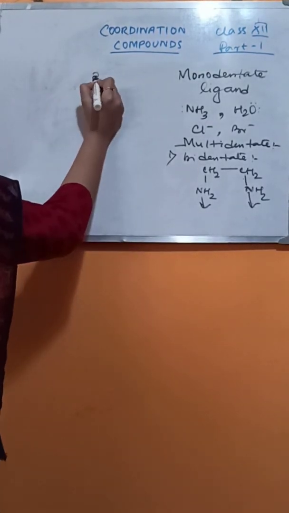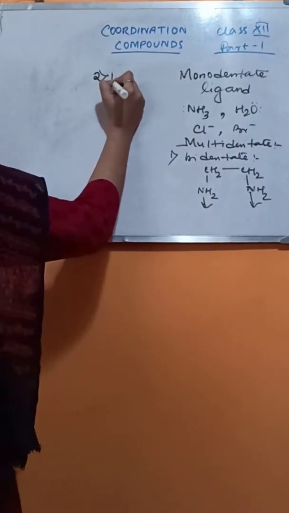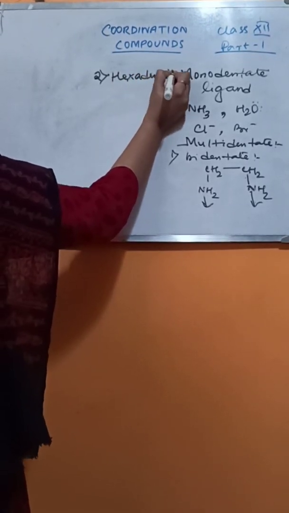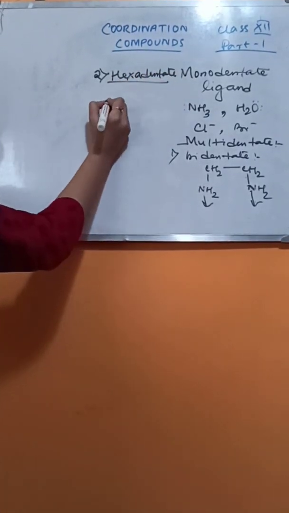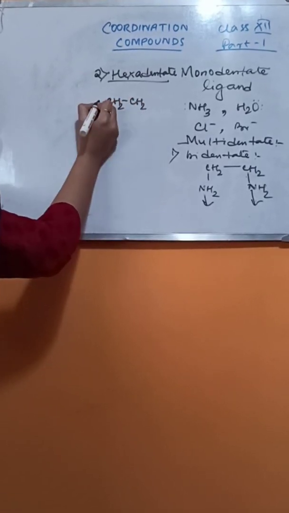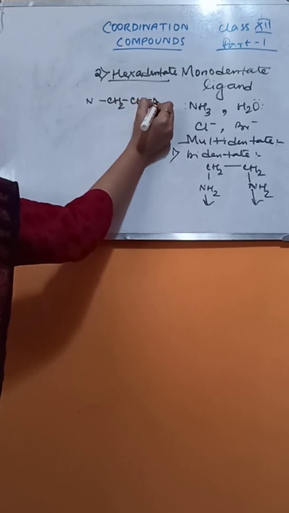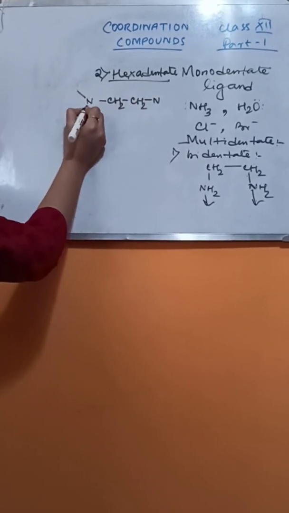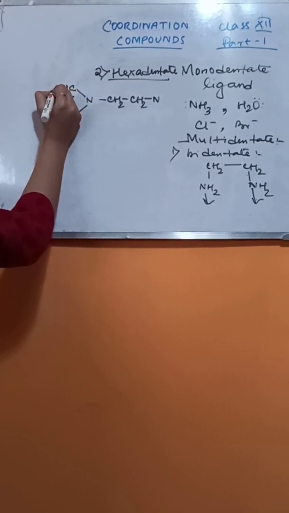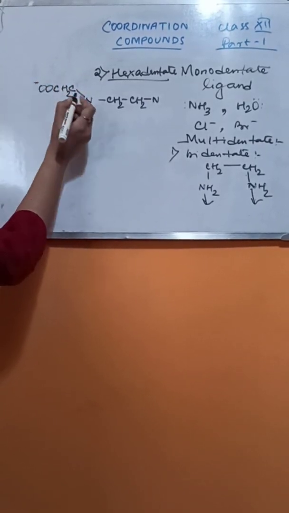Let me give you an example of a hexadentate ligand. This is important, okay? Hexadentate ligand. I will show you the six donor sites.